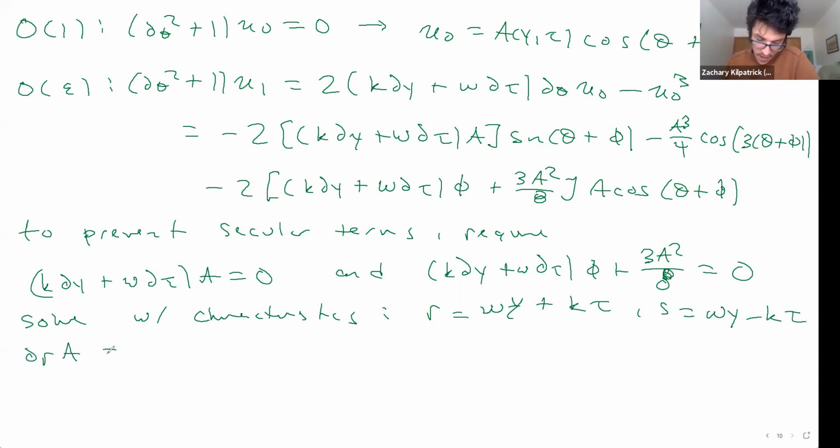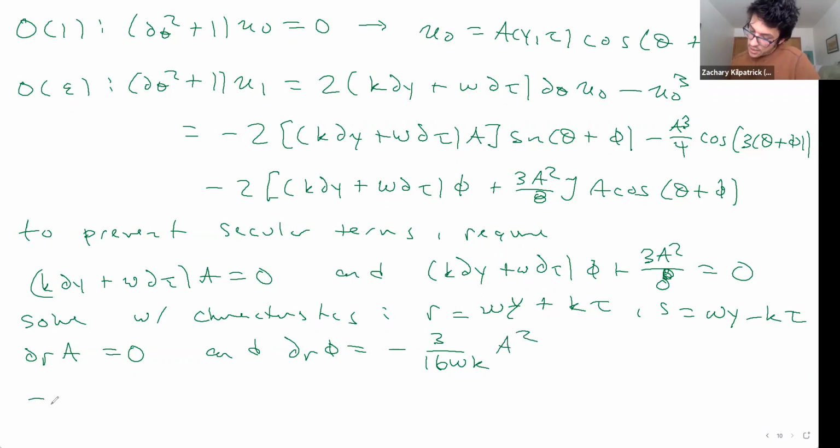So then just ∂r of a equals 0, and ∂r of φ equals minus 3 over 16ωk, because we're going to get these extra terms popping up when I apply this characteristic here.